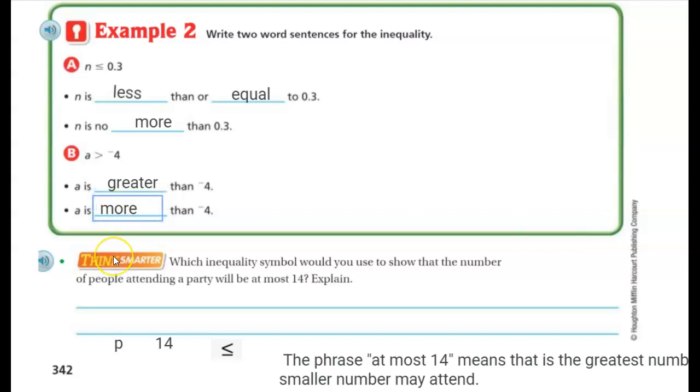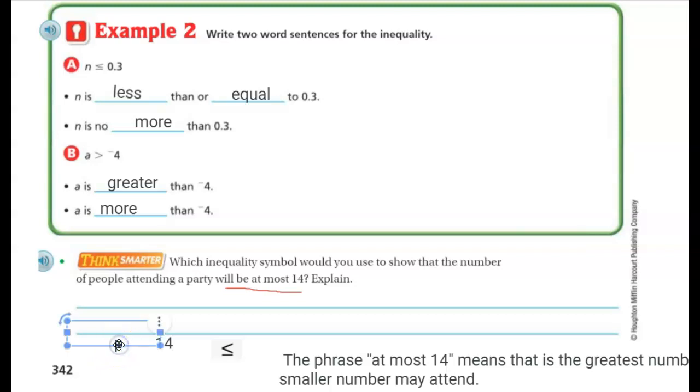So the think smarter, which inequality symbol would you use to show that the number of people attending a party will be at most 14, and explain.